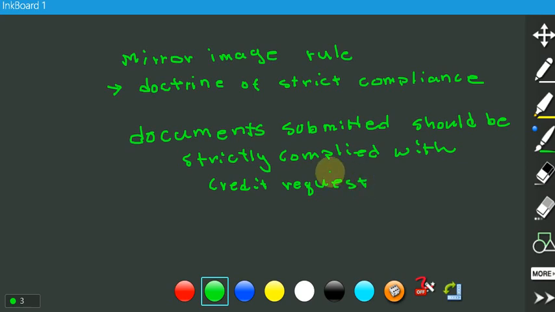This principle has the same meaning, that the documents submitted should be strictly compliant with the credit request.